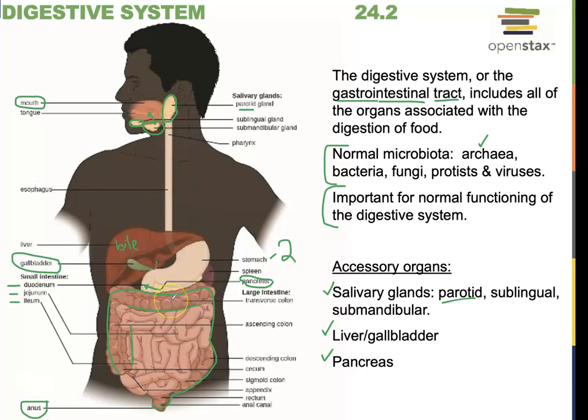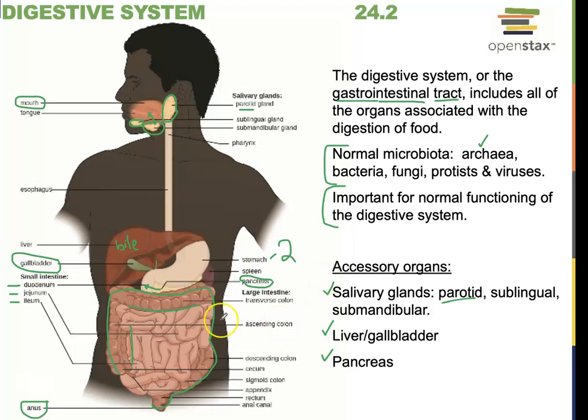That's why it harbors more flora, because the small intestine is actively pushing and moving the digested food out. But in the large intestine, we're slowed down to extract water, electrolytes, and to compact the food into feces. So this large intestine has a lot of normal flora.